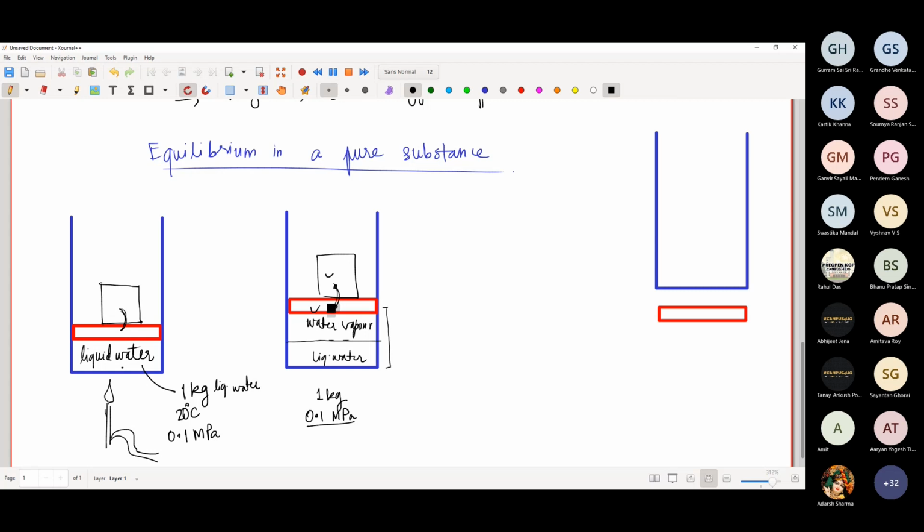If the block plus piston were to have a higher pressure than the internals, then this piston will rapidly move down. Alternatively, if the water vapor plus liquid water pressure would be larger than the force exerted by the block plus piston, then the piston block arrangement would fly out. Okay, so that is why we say that the pressure is going to be the same. This is as a consequence of the quasi-equilibrium assumption.